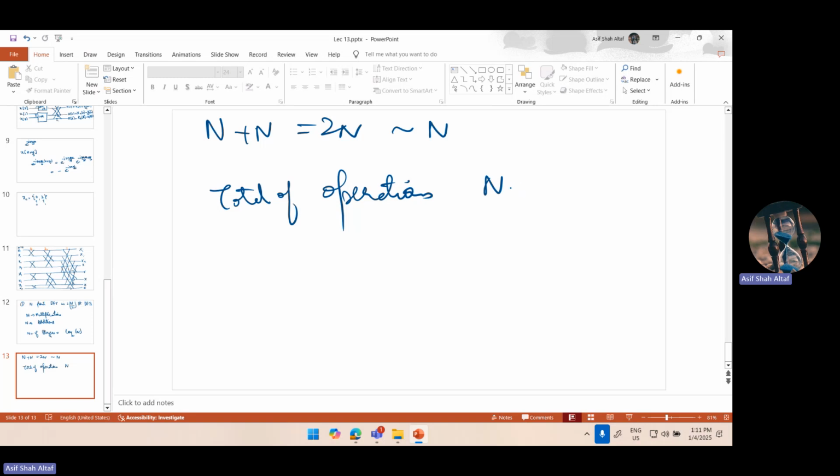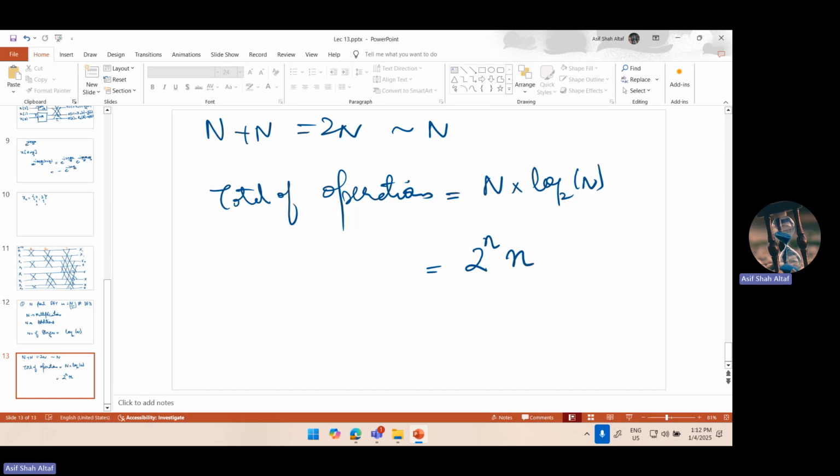The number of operations per level is n, and the total number of levels is log 2n. So this is the total number of operations.